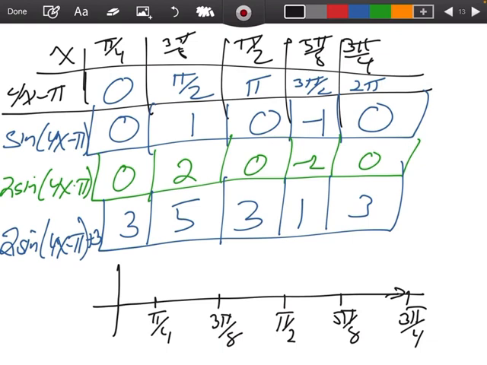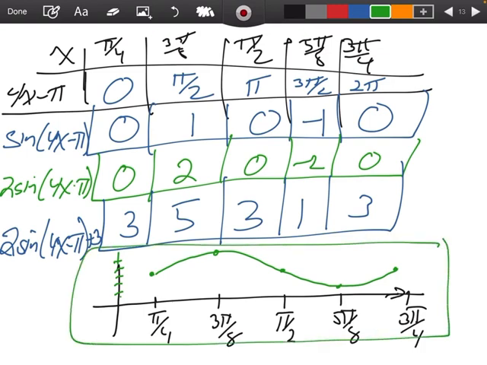And it looks like the smallest value we have is 1, and the biggest value we have is 5. So let me see if I can do this. 1, 2, 3, 4, 5. There we go. So the first one's going to be here at 3. We're going to go to 5. We're going to go to 3, and come back down to 1, and then back to 3. And so here's my graph.